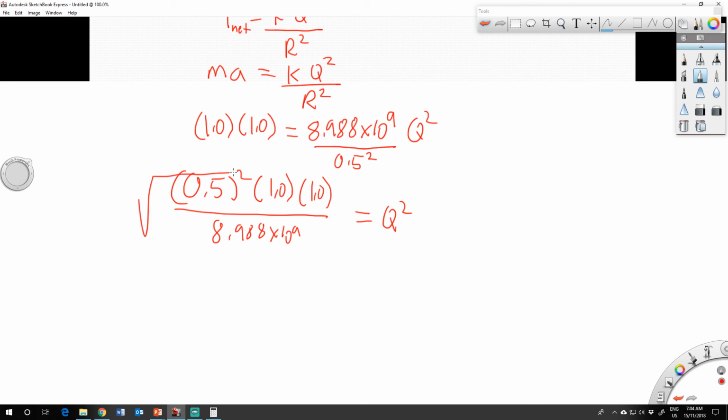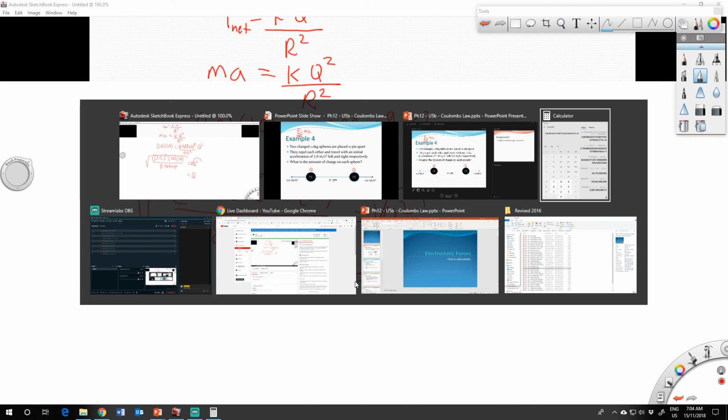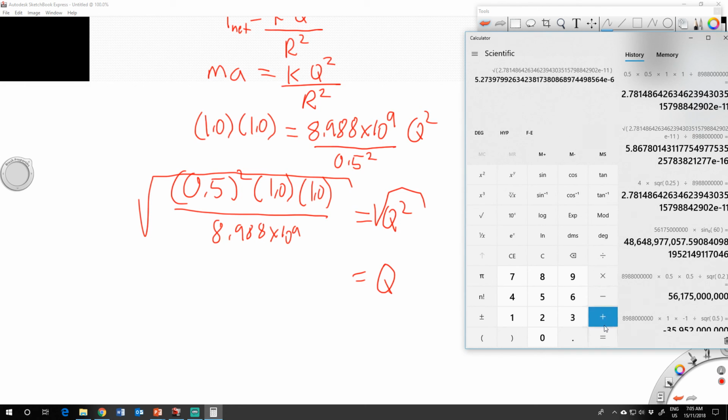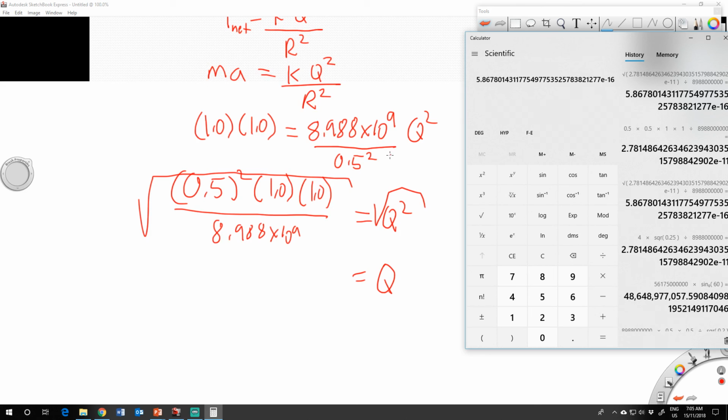And then we just square root everything, and that'll get me Q. All right, calculator time. 0.5 times 0.5 times 1 doesn't matter, divided by 8.988 times 10 to the 9, and then we square root that, and we get another small charge, 5.9.